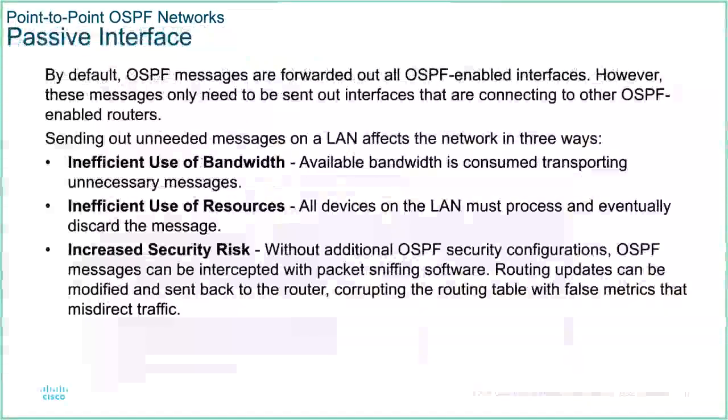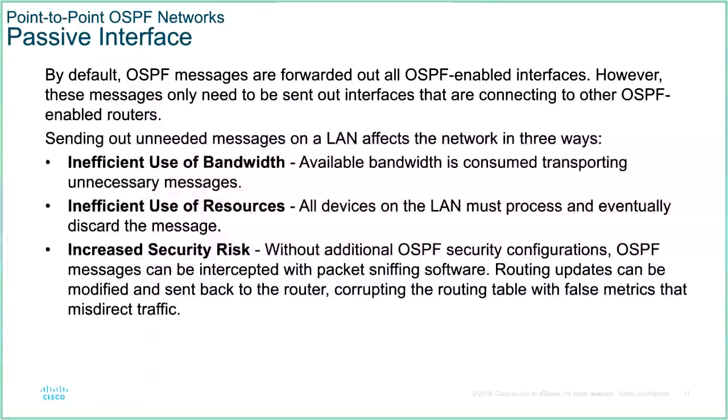Now, there's many reasons why we would want to advertise a network but not necessarily send updates via that network. For example, if we are advertising our local area network, but there are no other routers within that local area network, only hosts or end devices, we don't need to send routing updates to those devices.